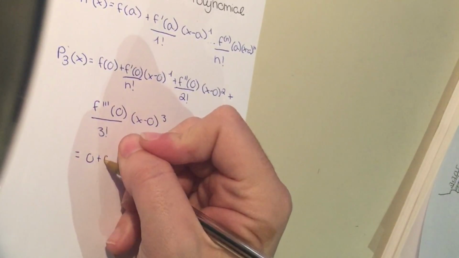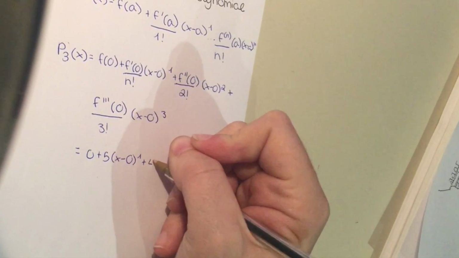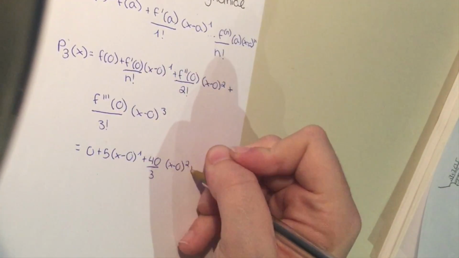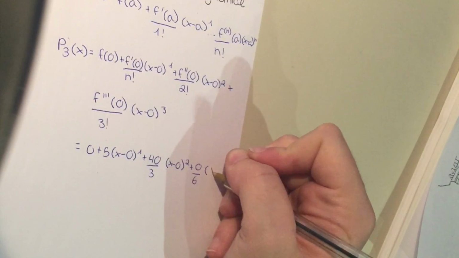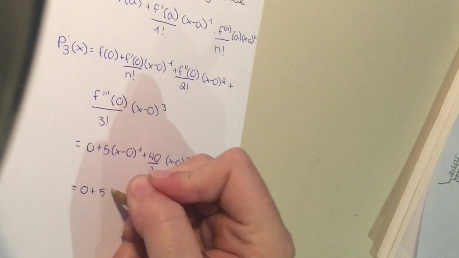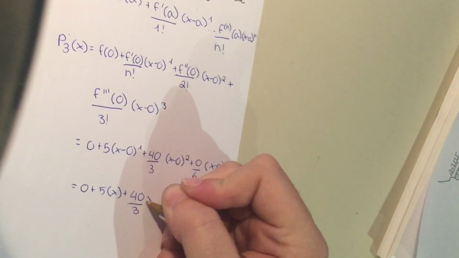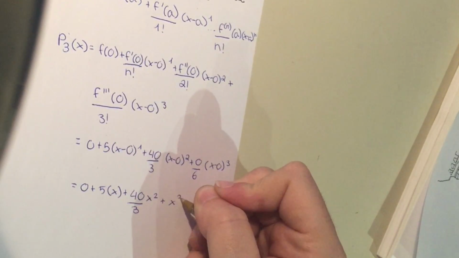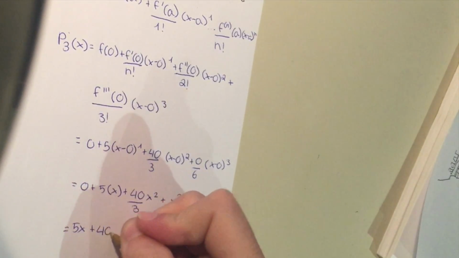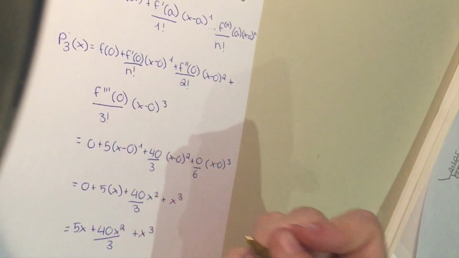0 plus 5 times x minus 0 to the power of 1 plus 40 over 3 times x minus 0 to the power of 2 plus 0 over 6 times x minus 0 to the power of 3, which equals 0 plus 5 times x plus 40 over 3 x squared plus x cubed, which equals 5x plus 40x squared over 3 plus x cubed.